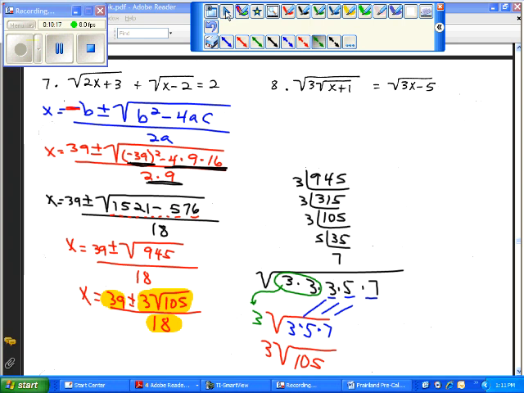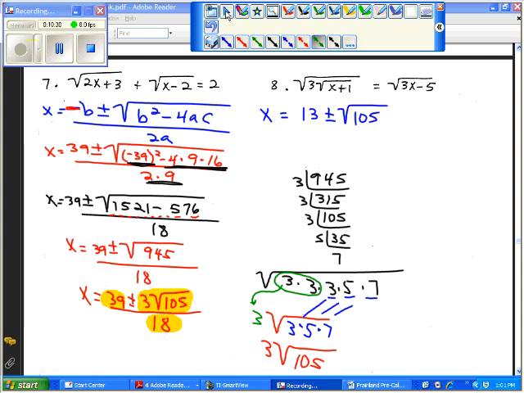Since 3 goes into all 3 of those, we can simplify that into x is equal to 39 divided by 3 is 13, plus or minus 3 divided by 3 is 1, so we'll have square root 105, over 18 divided by 3 is 6.